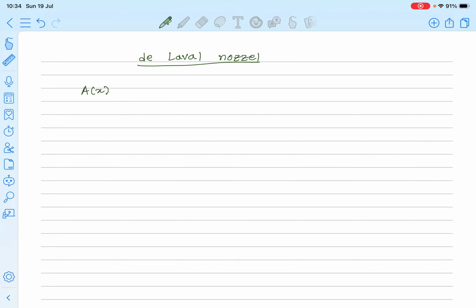The cross sectional area is not constant, it is actually varying. It has a slow variation with x. So we can take 2 points. This is point 1 and this is point 2, and mass is conserved throughout the pipe. So the mass flowing here is equal to mass flowing there.